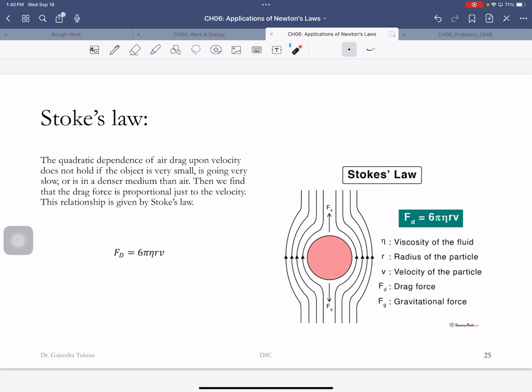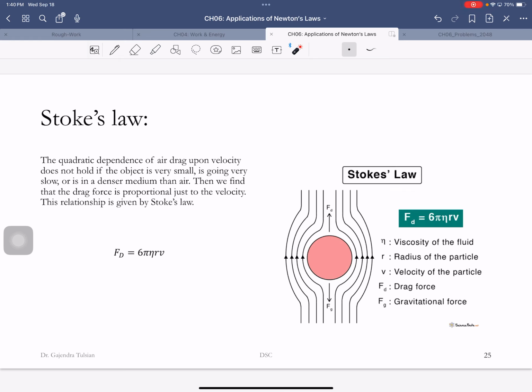The quadratic dependence of air drag upon velocity does not hold if the object is very small, or is going very slowly, or is in a denser medium than air.